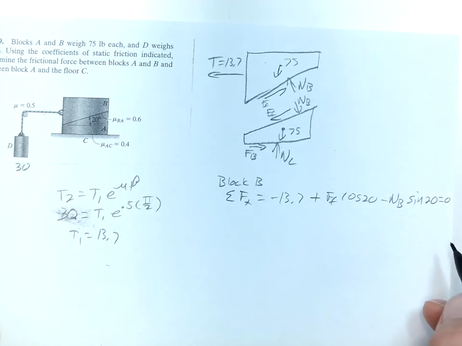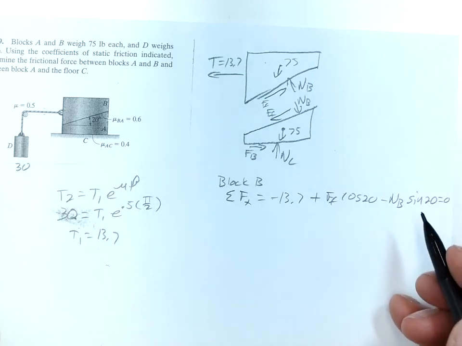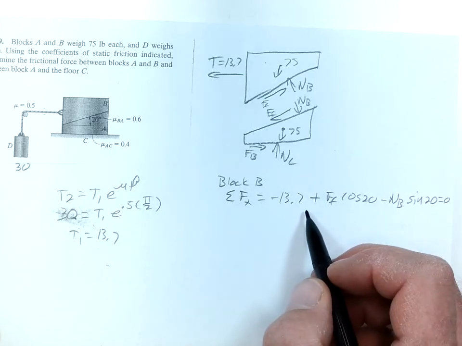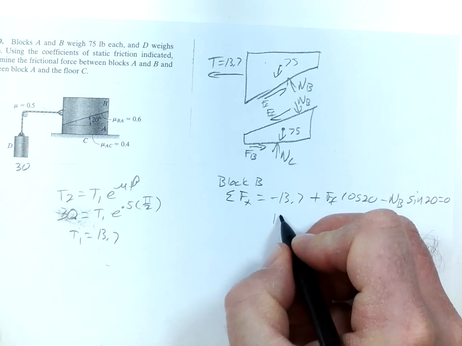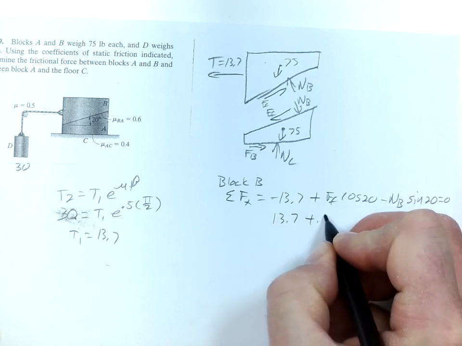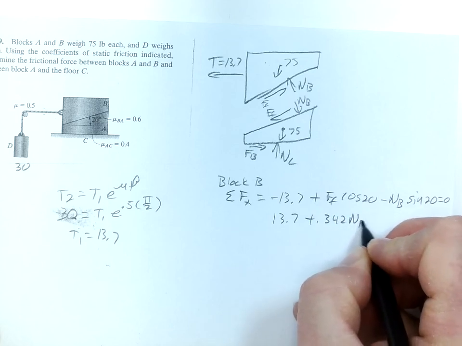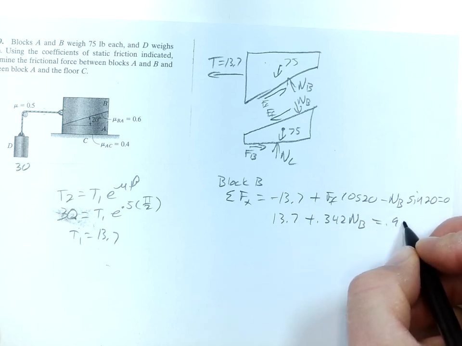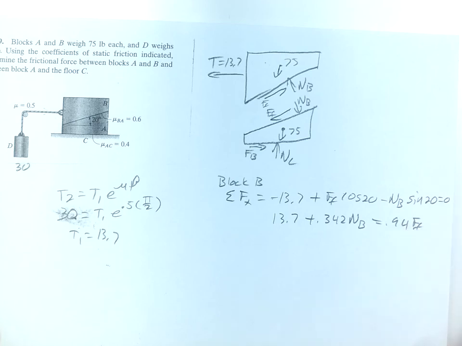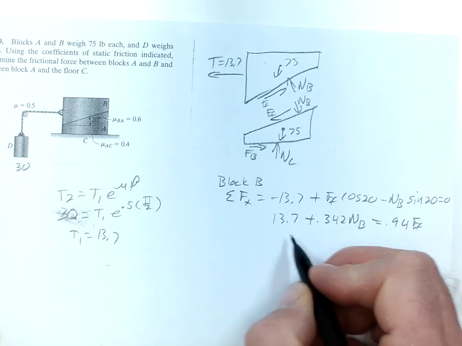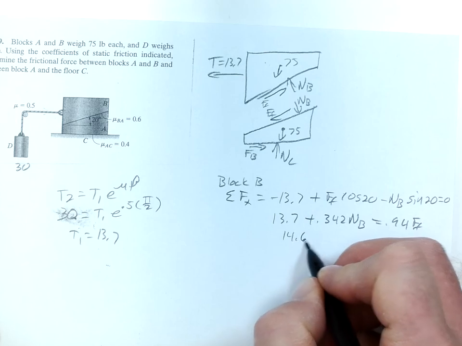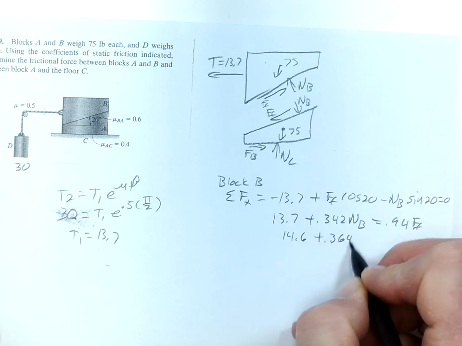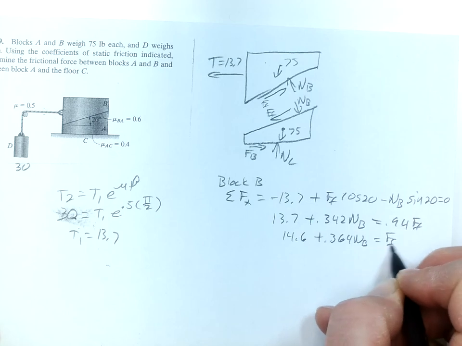We can't just do NB times the coefficient of friction, 0.6. So let's clean that up a little bit, and we get 13.7 plus 0.342 NB equals 0.94 force of friction. And then dividing by 0.94, we get 14.6 plus 0.364 NB equals the force of friction.